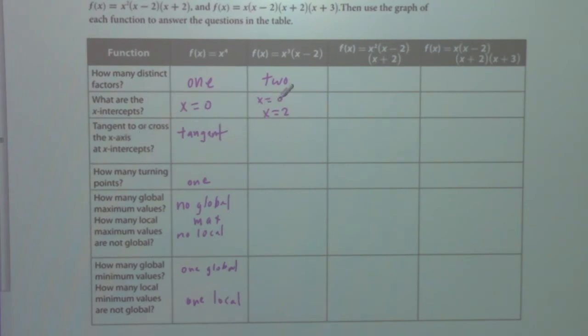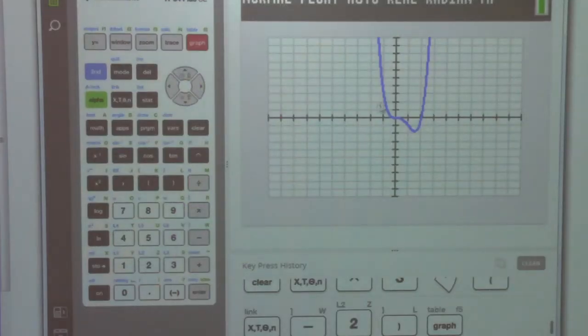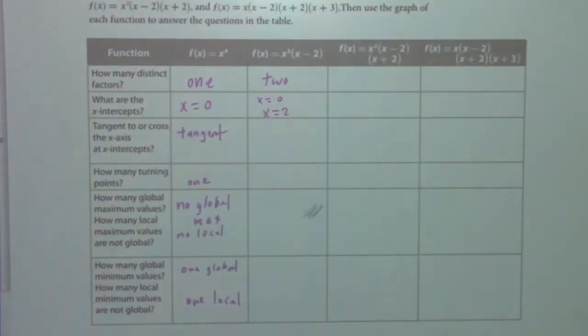Well, let's take a look at it again. That crosses, right? It crosses at x equals 0 and also crosses at x equals 2, so crosses in both places.